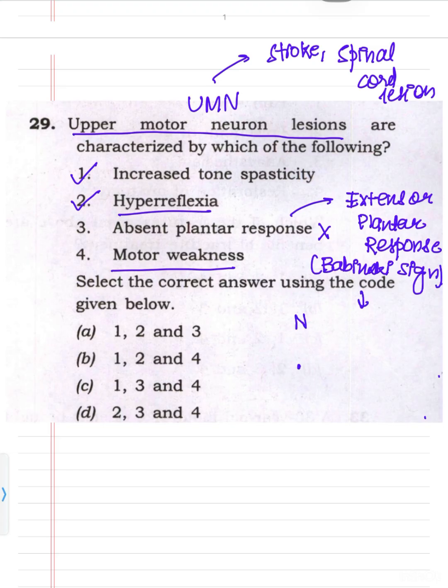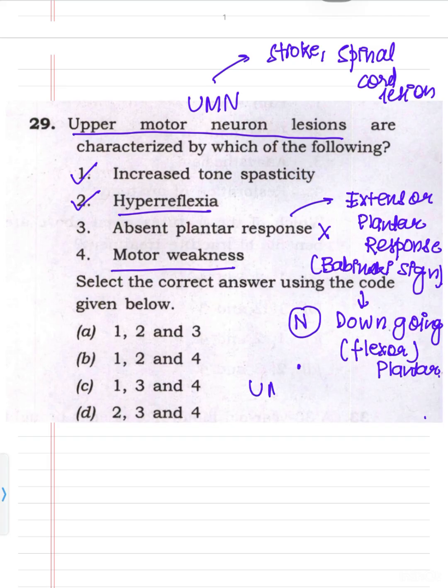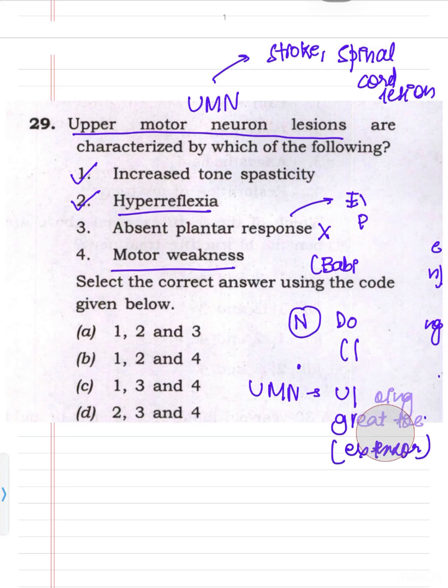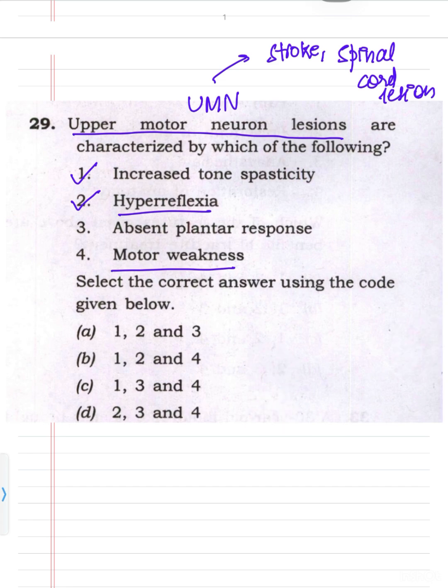Normally the plantars are downgoing, or we call it flexor plantar. But in case of UMN lesion, there will be upgoing great toe or extensor. So the third is incorrect.